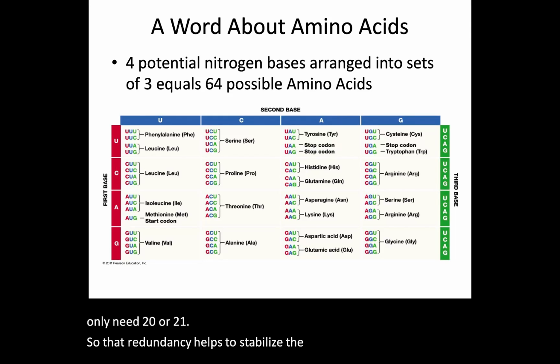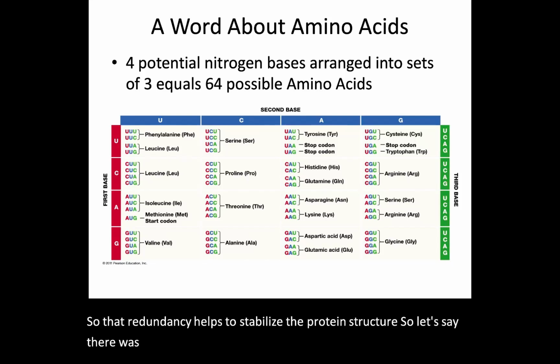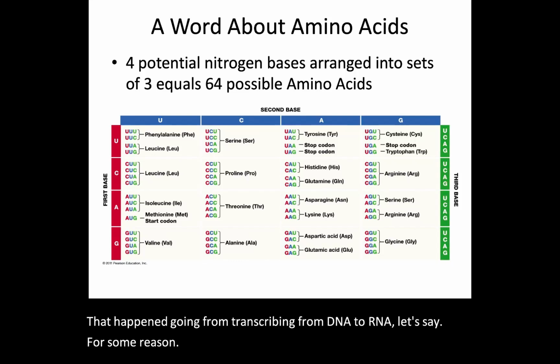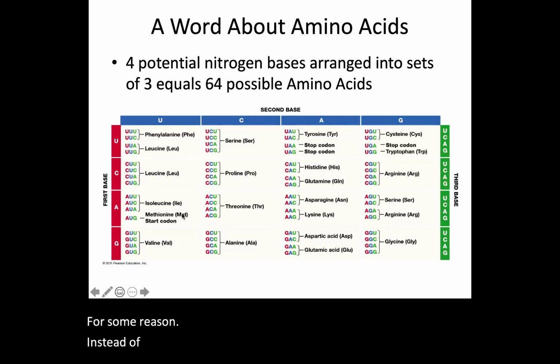So let's say there was a mutation that happened going from transcribing from DNA to RNA. Let's say for some reason instead of an ACU, there was an ACC present.